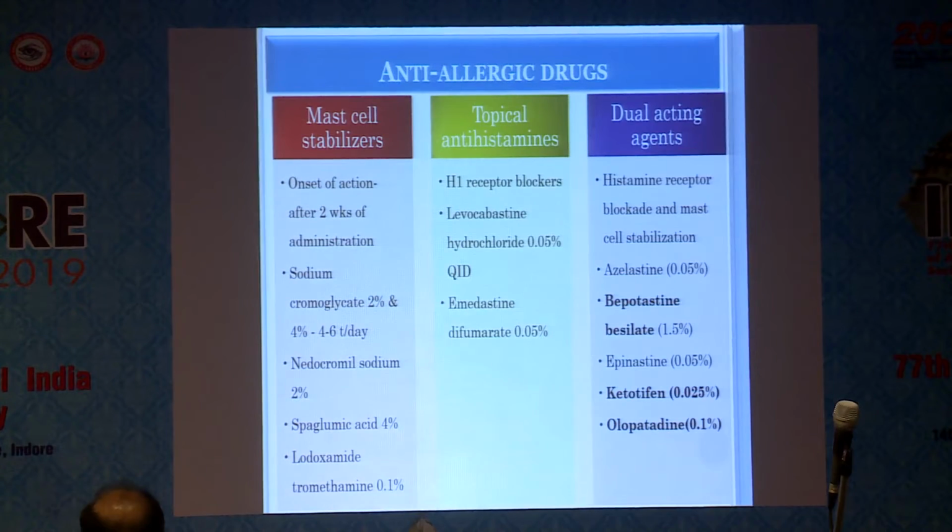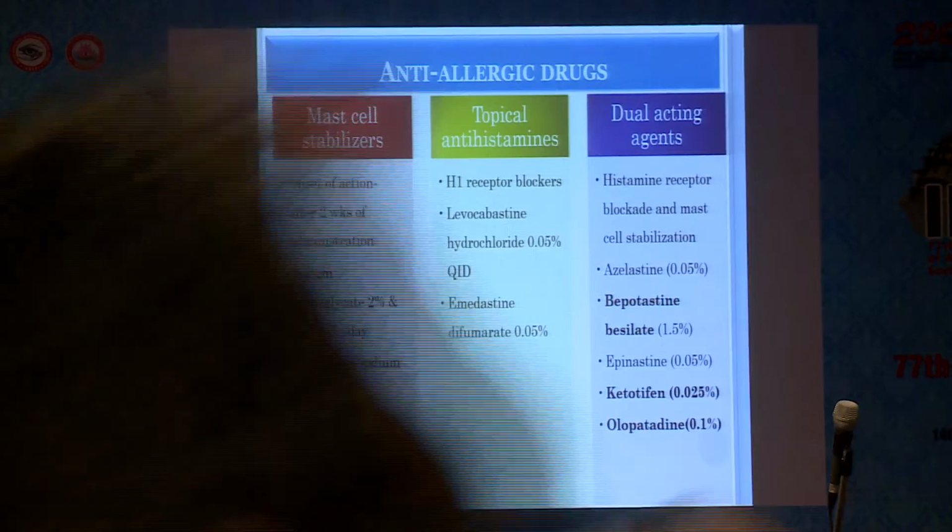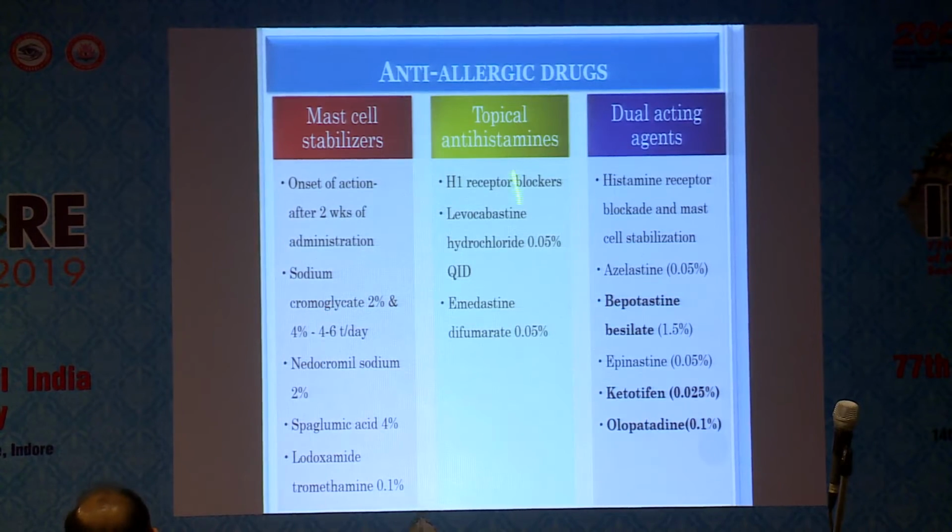Now, coming to pharmacologic therapy, the drugs that we have often used earlier were topical antihistamines and mast cell stabilizers. These are the ones that we have been using for years. Now, of late, we have got these dual-acting agents, and they have taken care of the inflammation not only by blocking the histamine receptors, but also by preventing the release of these inflammatory mediators.